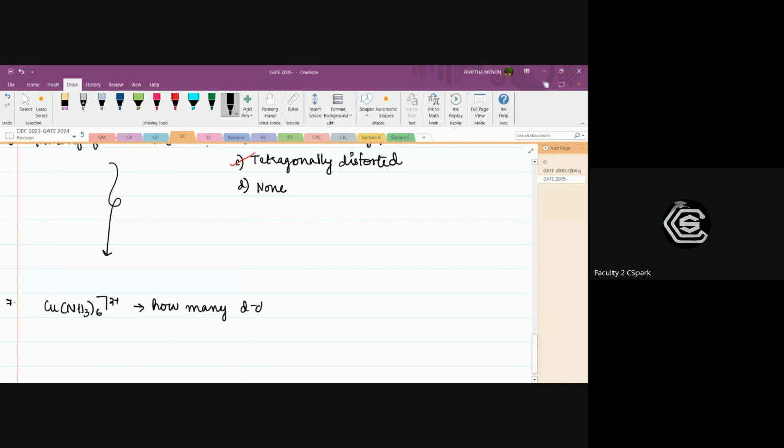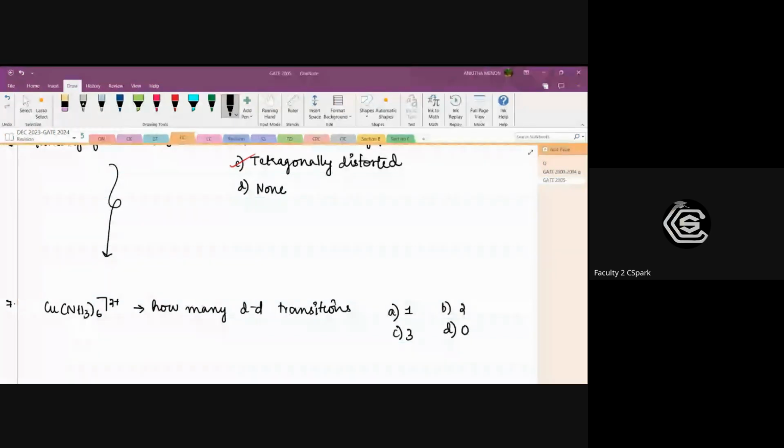How many d-d transitions? Should I write the options? Option A, 1, 2, 0. How many transitions? Try from the Orgel diagram.